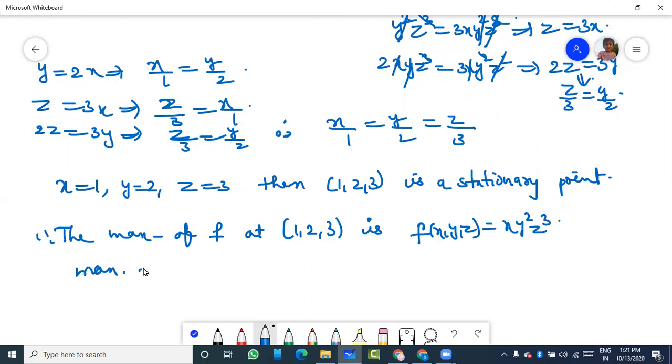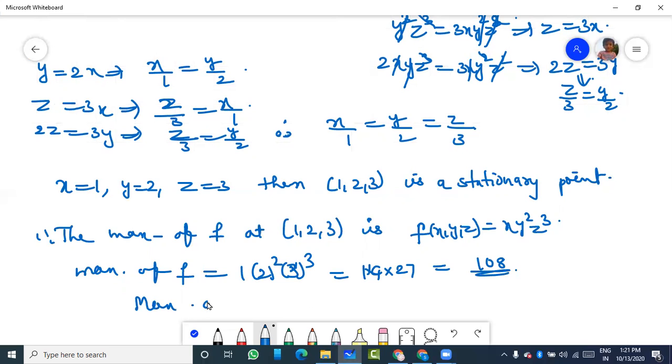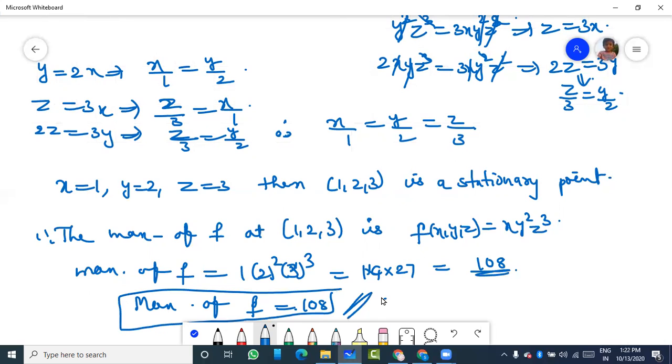Therefore, maximum of f equal to 1 into 2 square into 3 cube, that is 1 into 4 into 27. 4 times 27 is 108. Therefore, the maximum of the f function is equal to 108. Is it clear? Yes, ma'am.